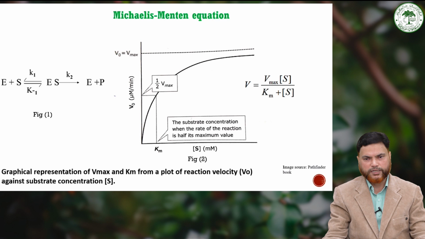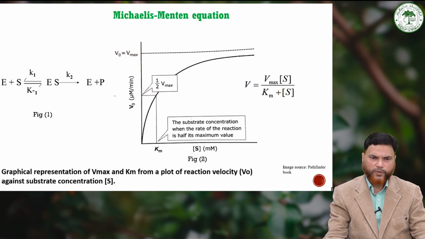When there is not much substrate around, the reaction speeds up as we add more substrate, almost like climbing stairs one step at a time. But once we have a lot of substrate, the reaction hits its top speed, called Vmax, and adding more substrate doesn't make the reaction rate faster. It does not impact the rate of reaction.